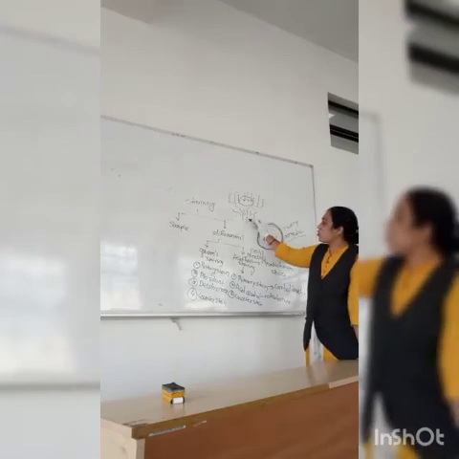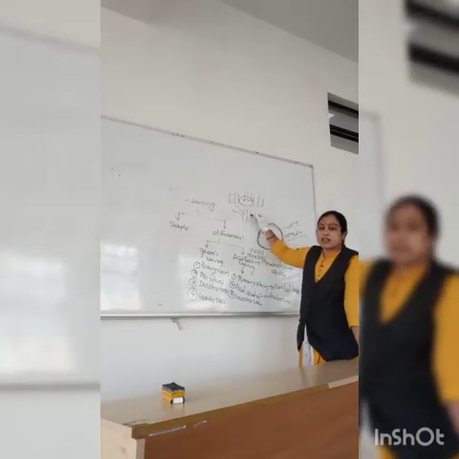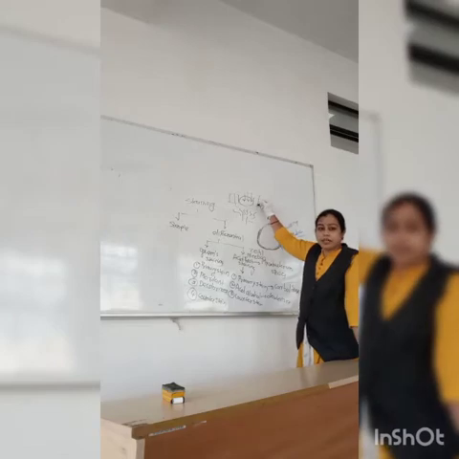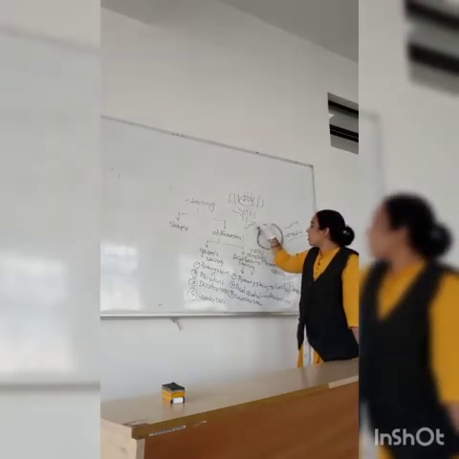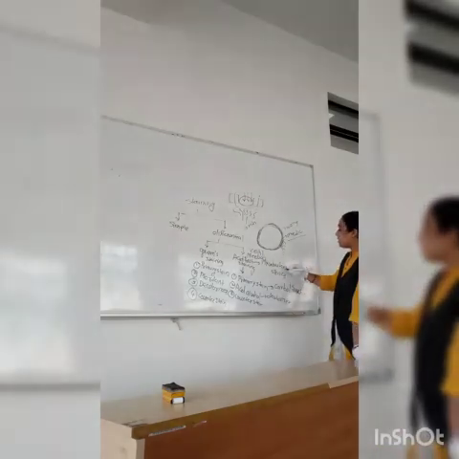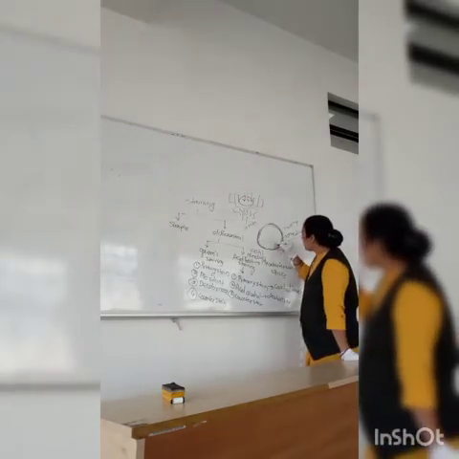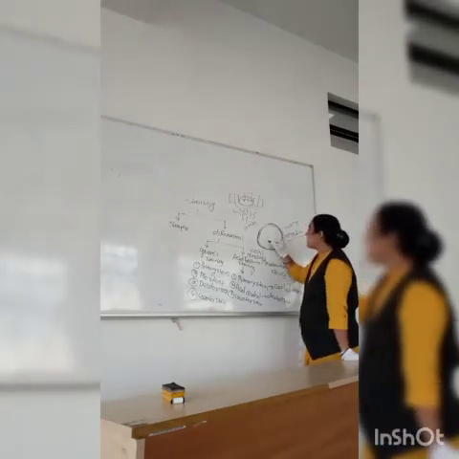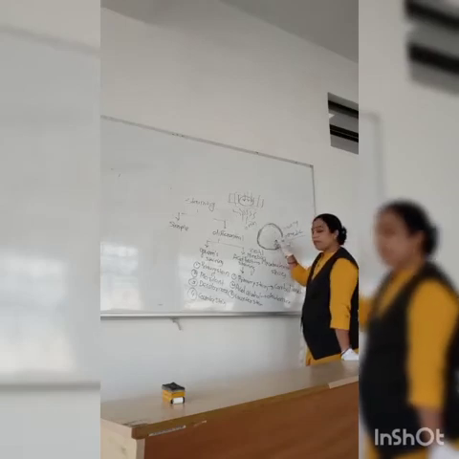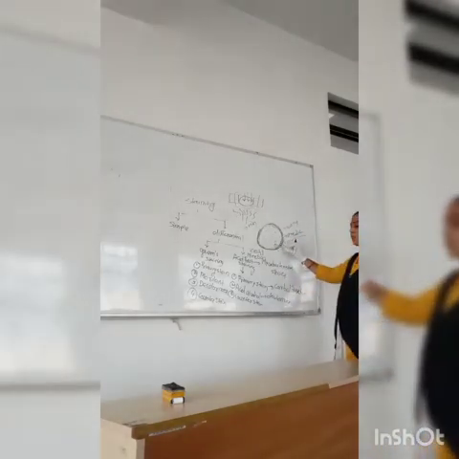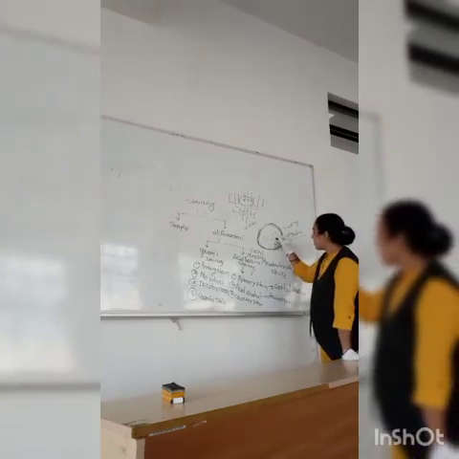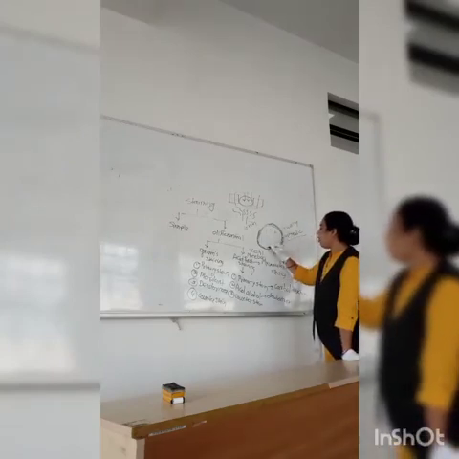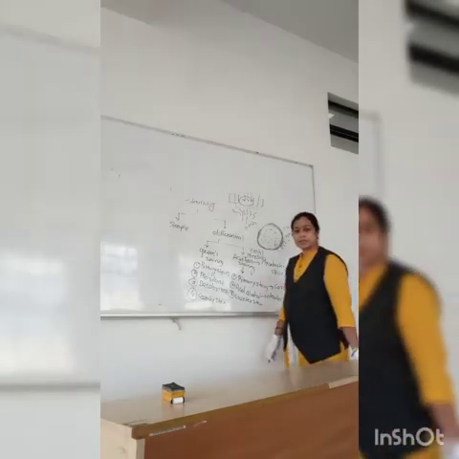So here we are using heat. We cover the slide with filter paper and heat it for 10 minutes. So what happens? The carbolfuchsin enters into the cytoplasm of the cell, and after that we wait for the cooling process.